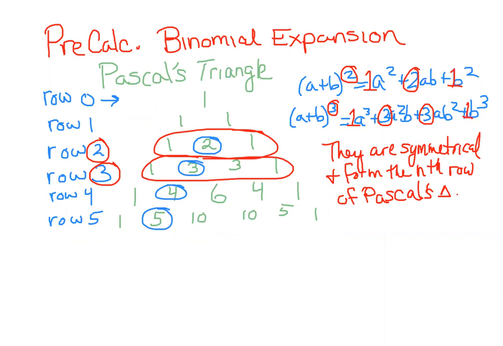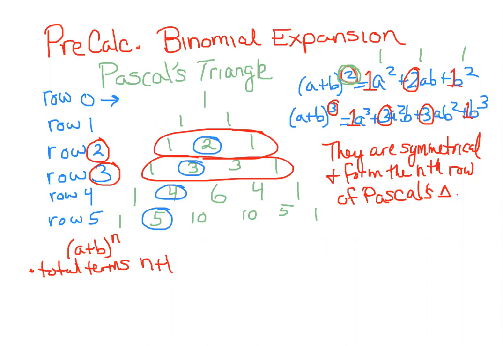Okay, other important patterns in the binomial expansion of a plus b to the n. Some things that you should notice. The total number of terms is n plus 1. Okay, let's go back up here and look for a minute. Here, n is 2, and there are 1, 2, 3 terms. Here, n is 3, there are 1, 2, 3, 4 terms.